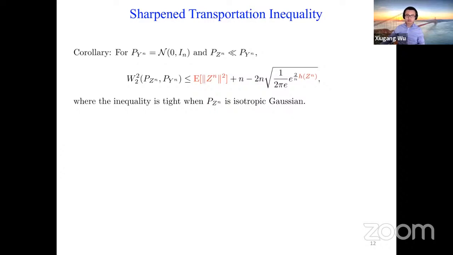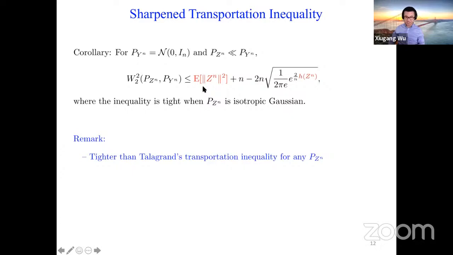The natural exercise to do, of course, would be to compare this right-hand side to the right-hand side of the Talagrand inequality, which is 2 times the KL divergence between Pzn and Pyn. It turns out that this right-hand side is indeed always tighter than 2 times the KL divergence. In other words, this inequality indeed sharpens Talagrand's for any Pzn. And also the inequality itself is tight for a wide class of Pzn, as we just mentioned.